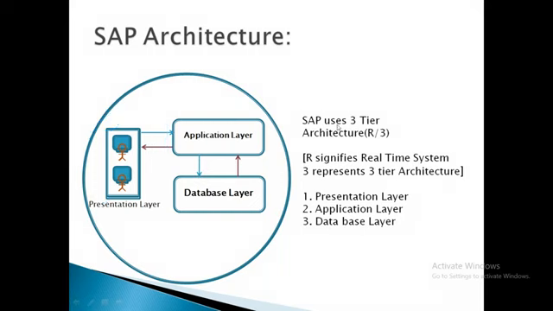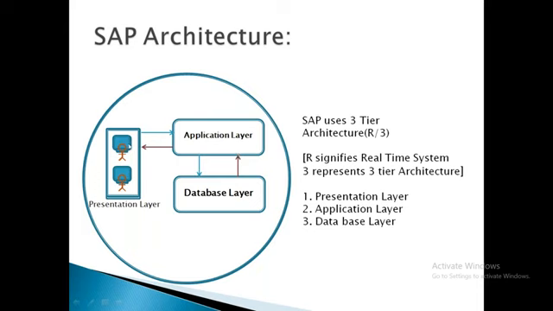So this is about three-tier architecture. SAP architecture is R3, real-time three-tier architecture. In three-tier architecture, we have three layers: presentation layer, application layer, database layer. The system used by users is treated as the presentation layer, and any request raised by the presentation layer is first taken by the application layer, which sends the request to the database layer, takes the data and gives it back to the presentation layer.